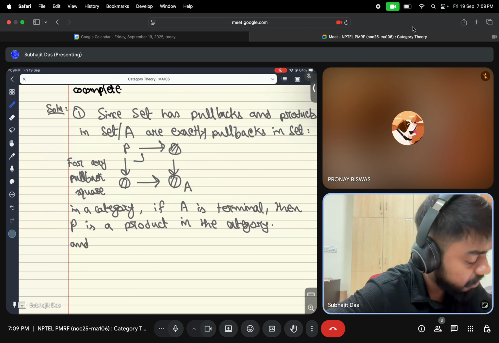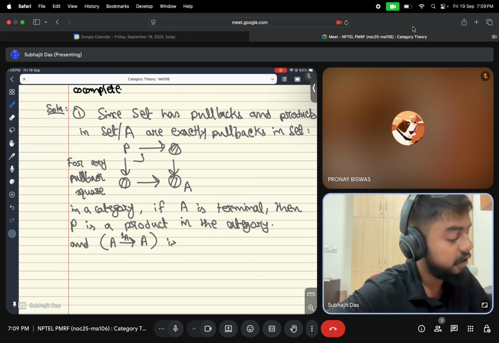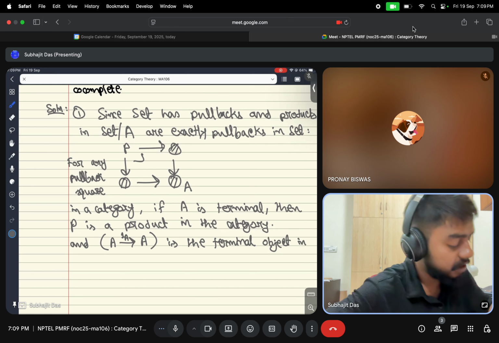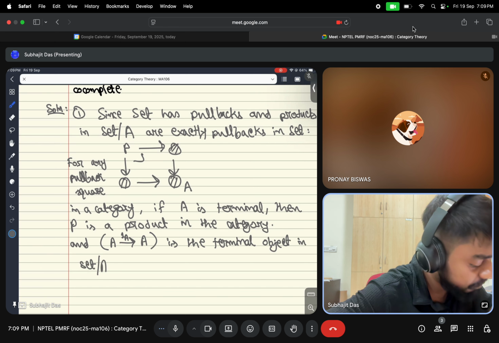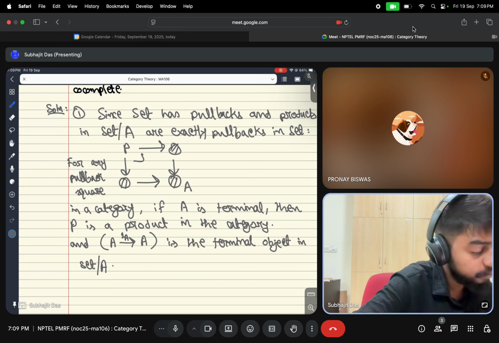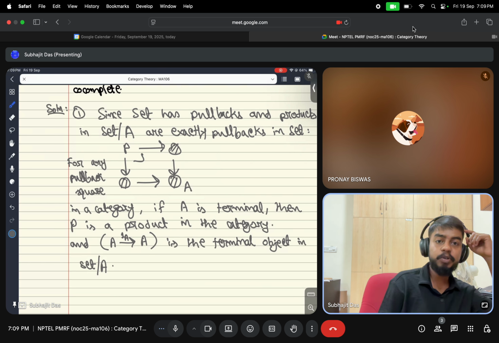And A to A, 1A, is the terminal object in set over A. So this is the reason that products in set over A are exactly pullbacks in set.